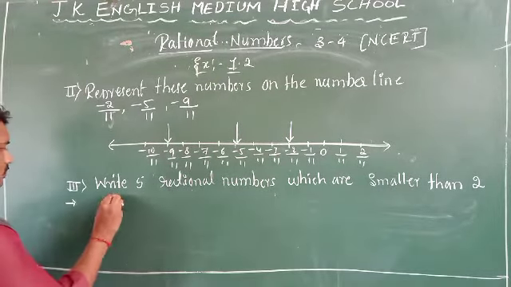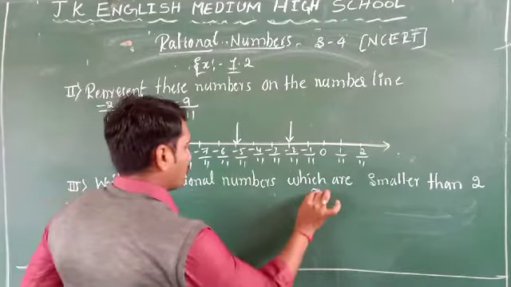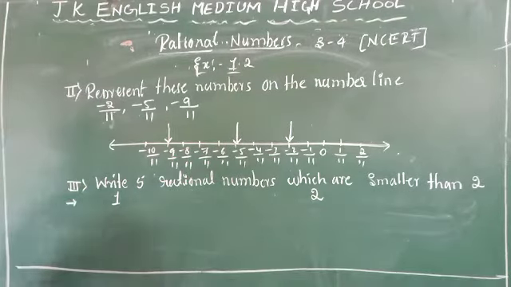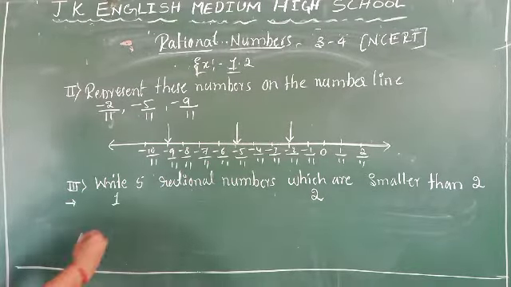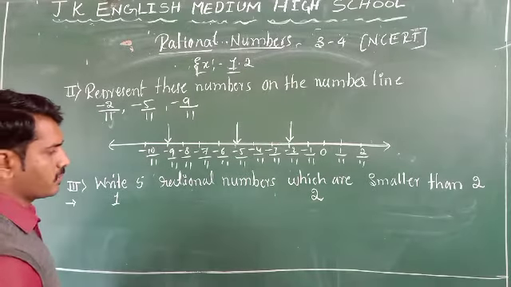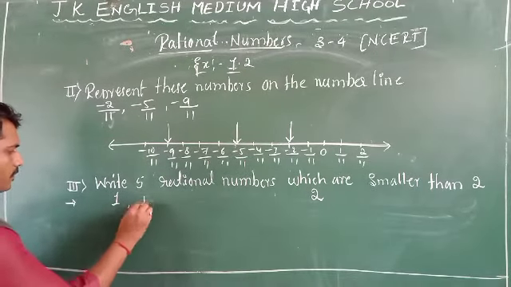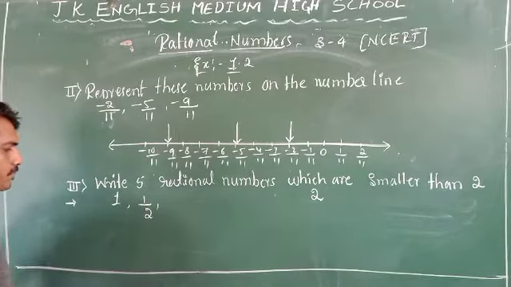First write the numbers 1 and 2. Clear? Okay. So start from above 1. 1 upon 2, correct?